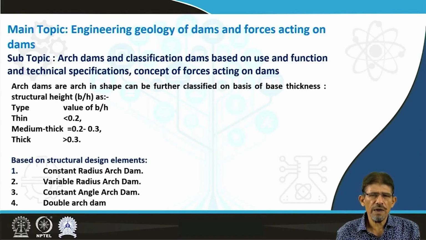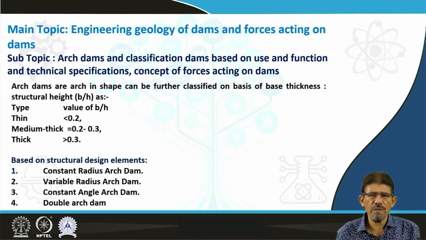Based on radius and angle of arch dam, the arch dam can be broadly divided in three categories, namely constant radius arch dam, variable radius arch dam, and constant angle arch dam. In addition to this, we can add a fourth category based on curvature: single curvature arch dam and double curvature arch dam.